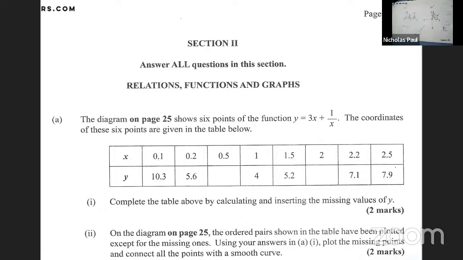When x is 0, we are nothing, right? When x is 0.1, what is it? Not bad.